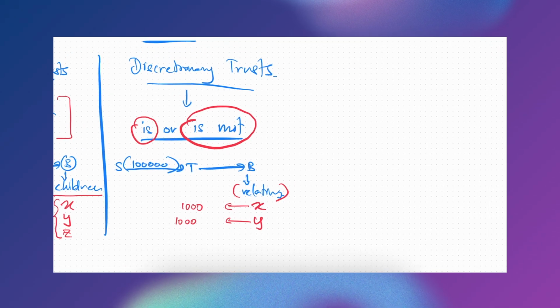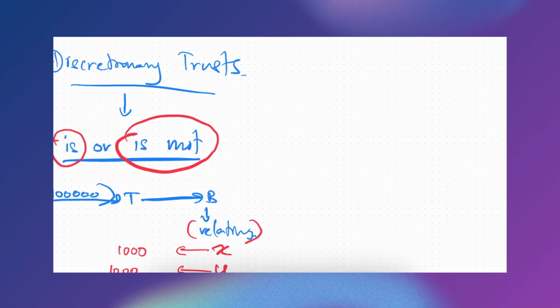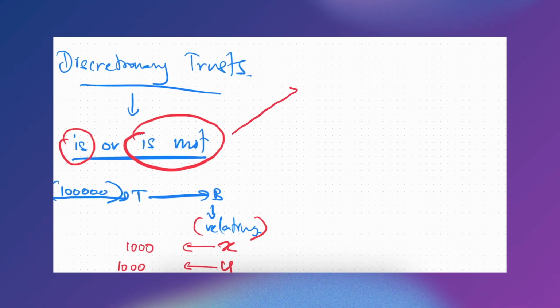Now, when applying this is or is not test, two factors might become of significant concern. These are called conceptual and evidential uncertainty. This is not to say that this can't be a problem in the complete list test, but it's less of a problem in the complete list test.